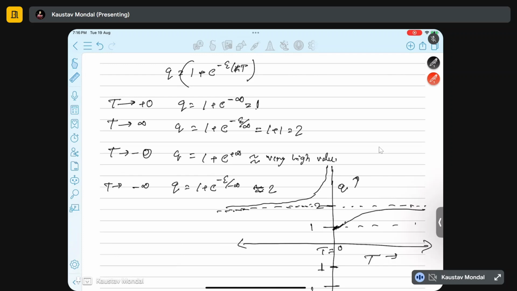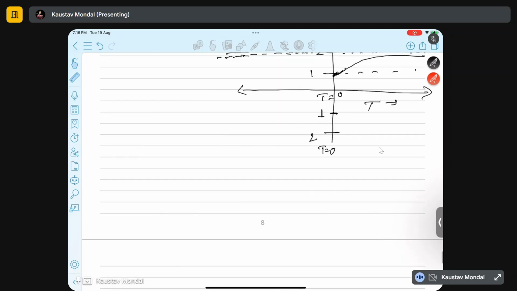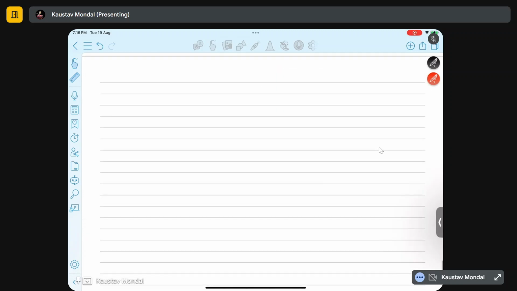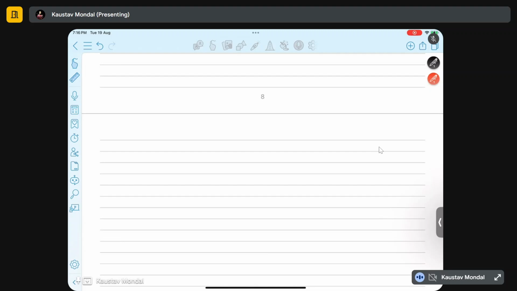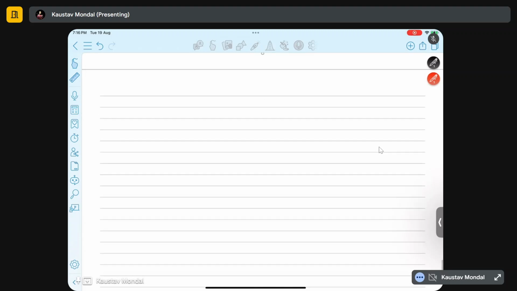Next, we will be calculating the internal energy. The internal energy expression you already know. Q is basically 1 plus e to the power minus beta epsilon.